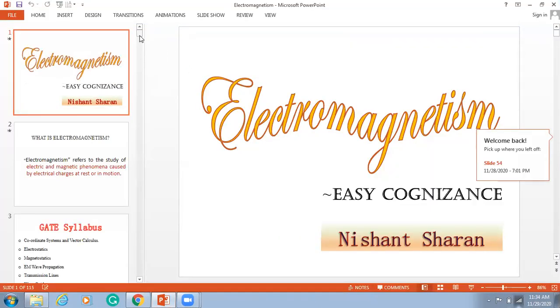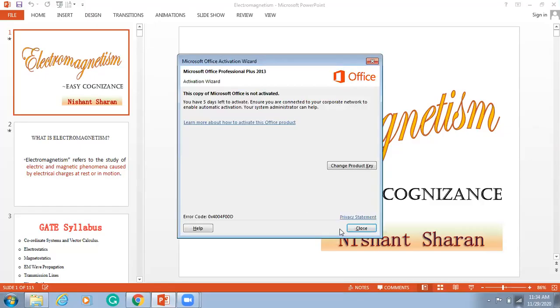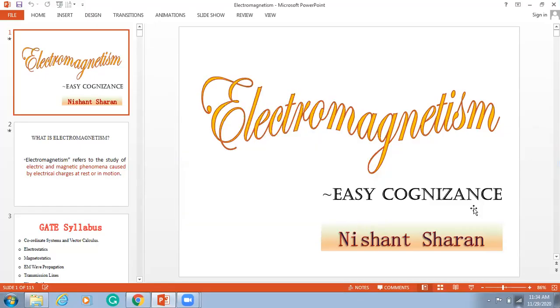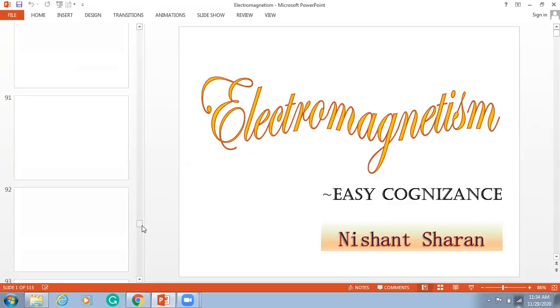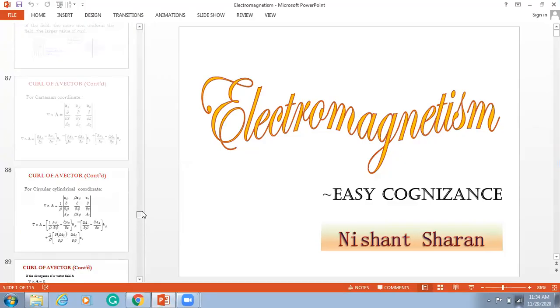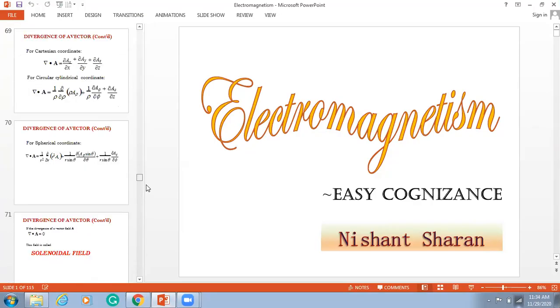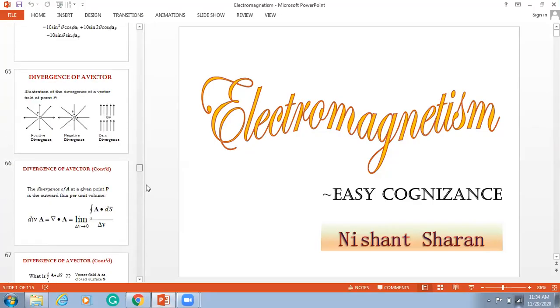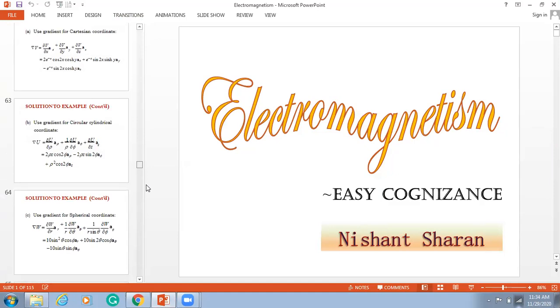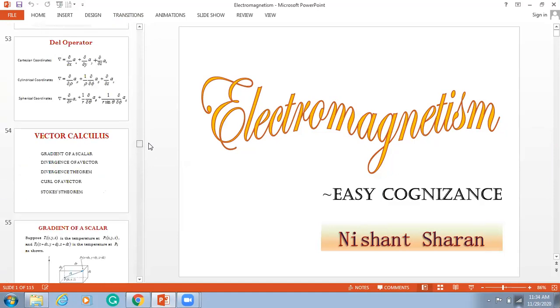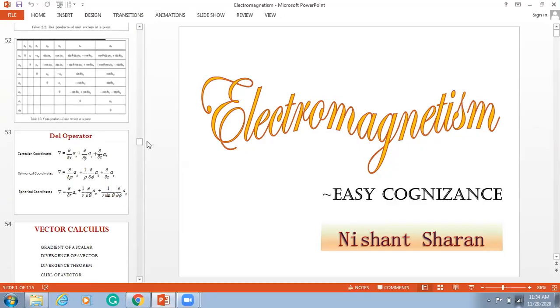Before I start today's session, let us have a very quick recap of yesterday's session. Yesterday we discussed the different types of coordinate systems, right? And also we saw the most important point, which is how to transform one coordinate system to another coordinate system.